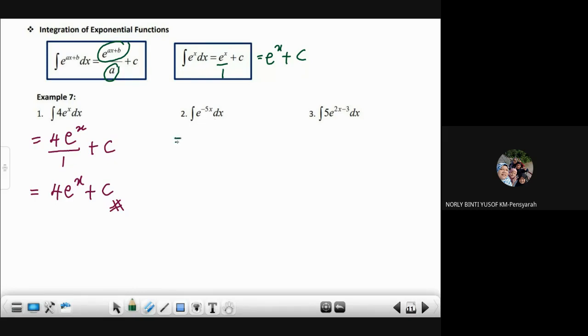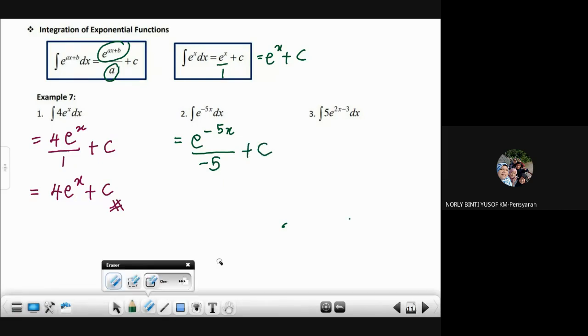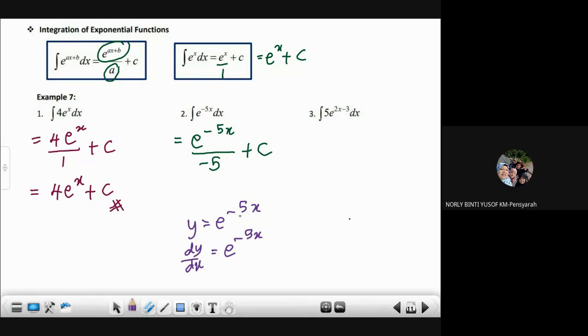So the same, you write back the exponential e power of negative 5x, then divide straight away because it is integration. You differentiate the power of the exponential, you get negative 5, and put it as the divisor: negative 5, plus c. If it is the same function y equals e^(negative 5x) but differentiated, you write the same thing but differentiate the power, so you multiply by negative 5. That is the difference between differentiation and integration.